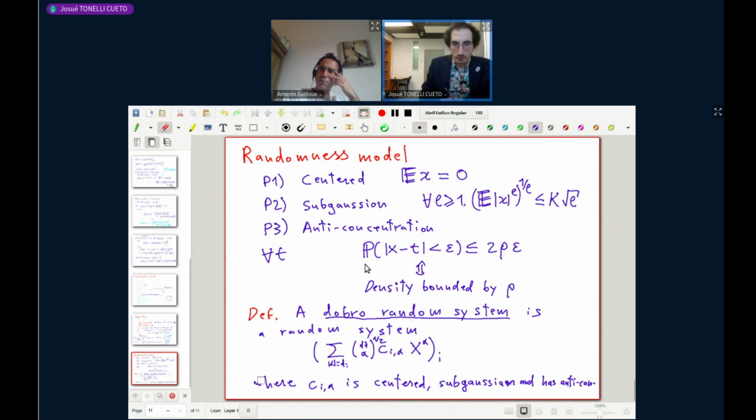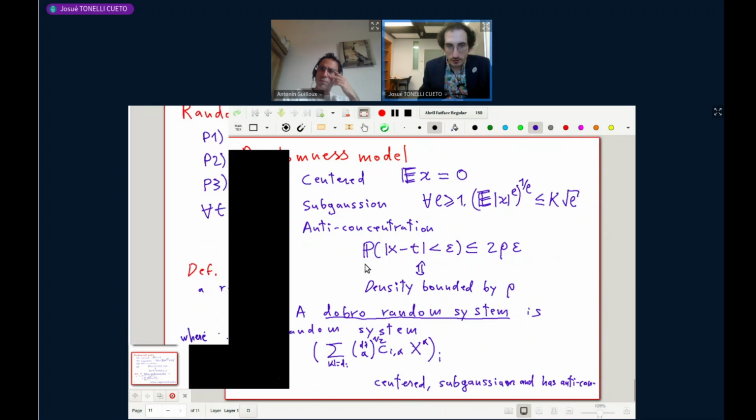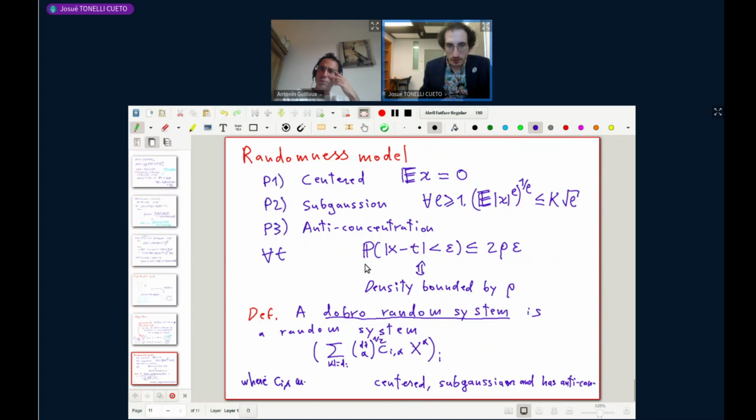Sorry, I forgot something very important: psi_i alpha are independent, centered, sub-Gaussian, and have anti-concentration. And this is the model that I have.